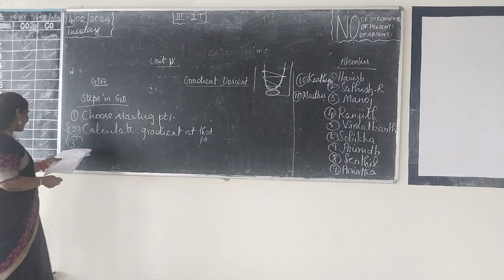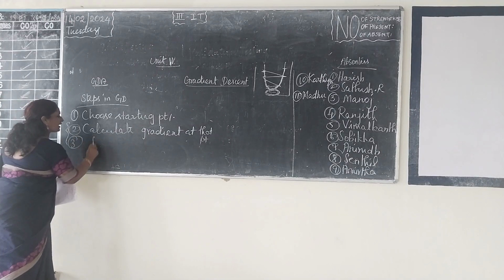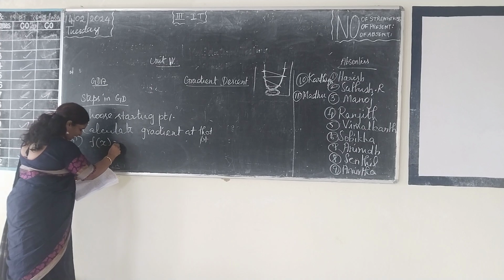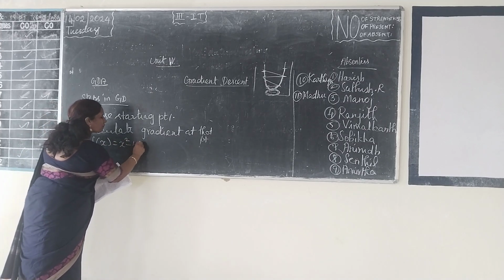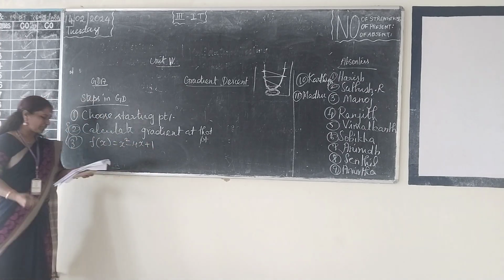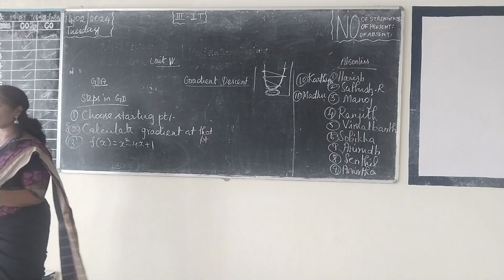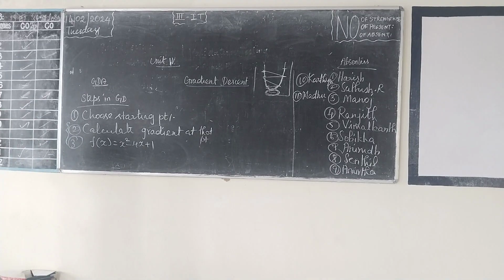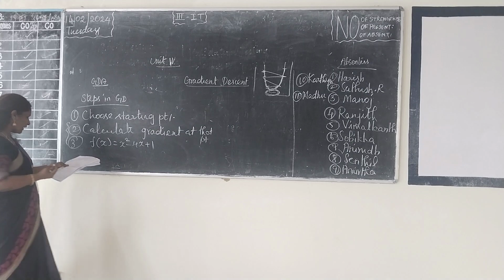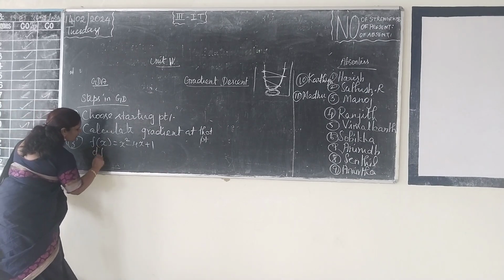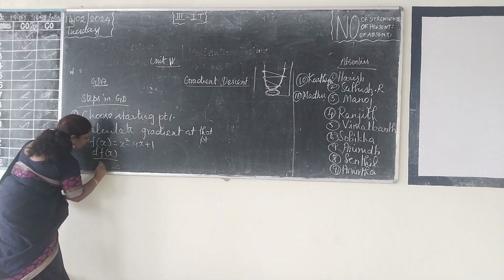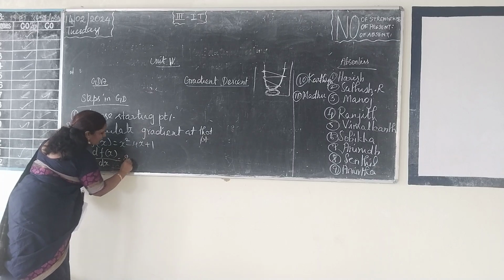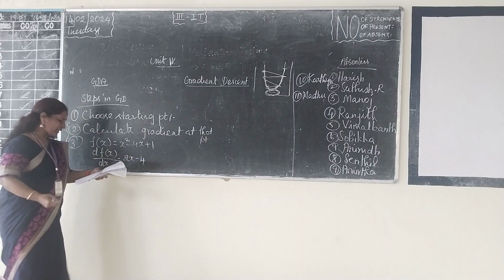Example, suppose we take a quadratic function f of x is equal to x square minus 4x plus 1. What will be the derivative of this, d of f of x by dx? It is 2x minus 4.